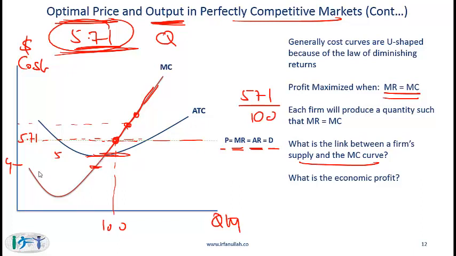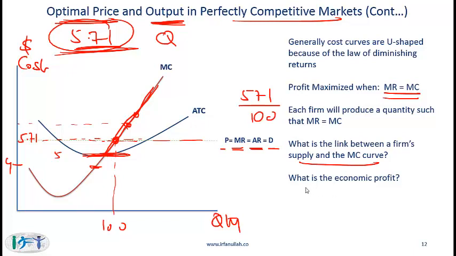So if the market price is 4 and the cost per orange is 5, then it makes no sense to sell oranges. So there will be 0 supply. That means that your supply function is the marginal cost curve as long as we are above the average cost.